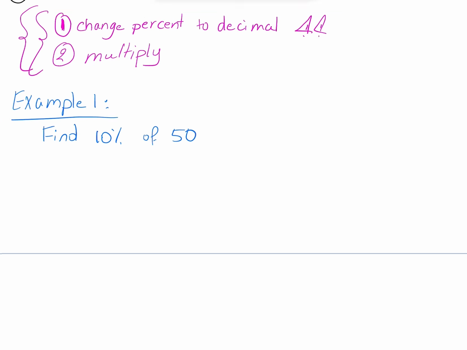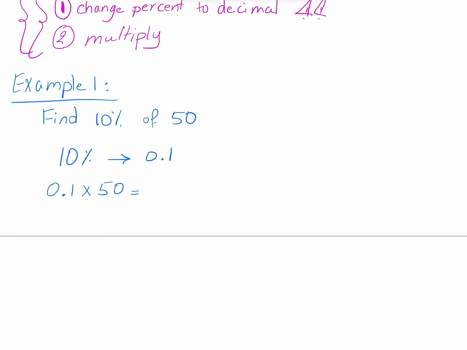Change percent to decimal. 10% is what? It's 0.1, right? Now I need to multiply. So 0.1 multiplied by 50. What's 0.1 times 50? It is 5, because I move the decimal one place to the right. So I will have 5.0, it means 5, okay?